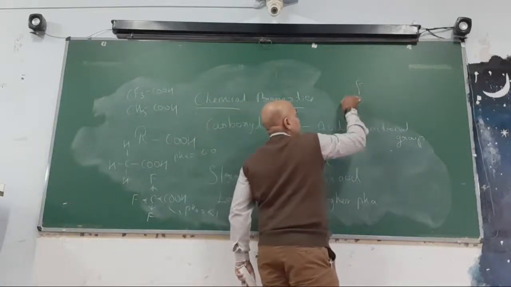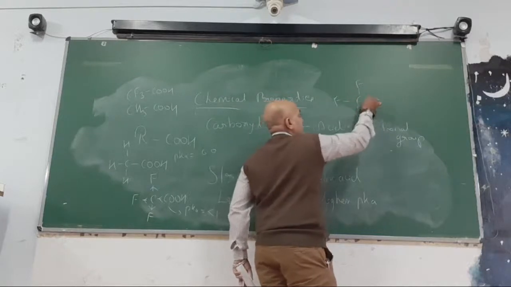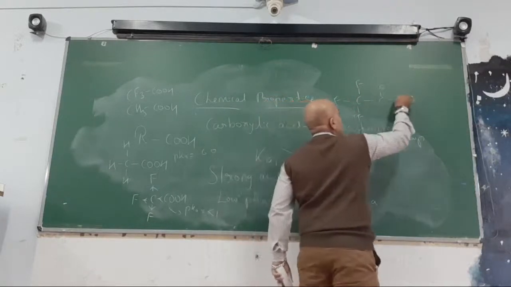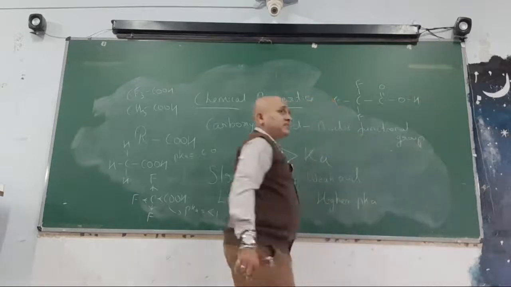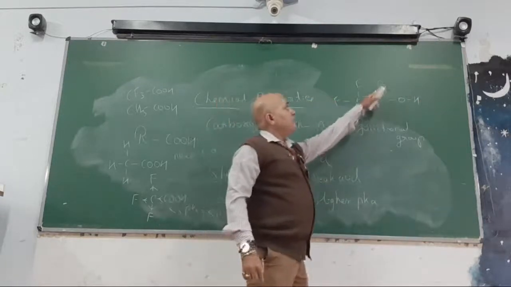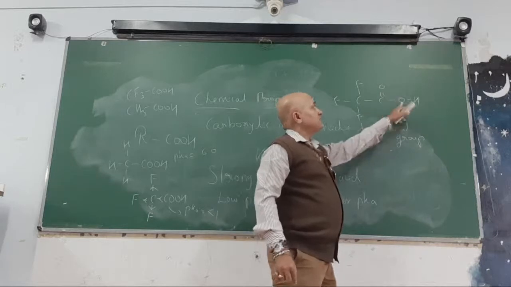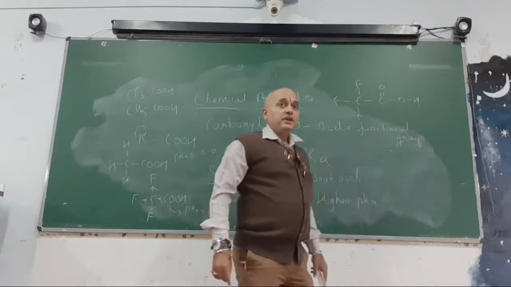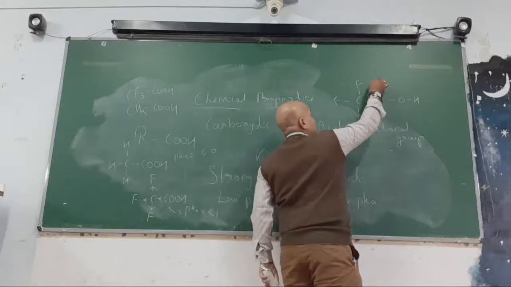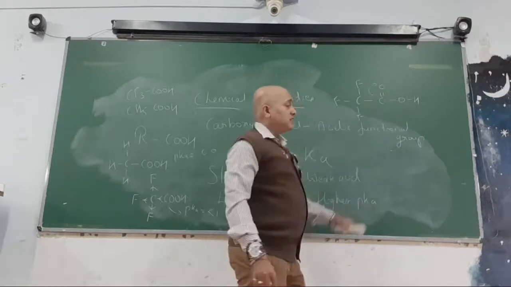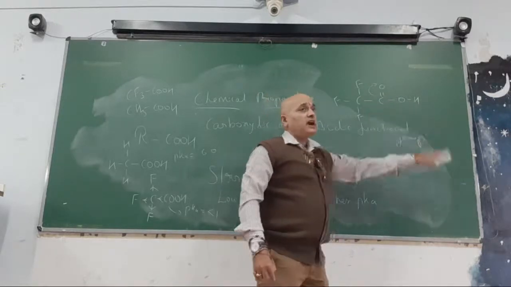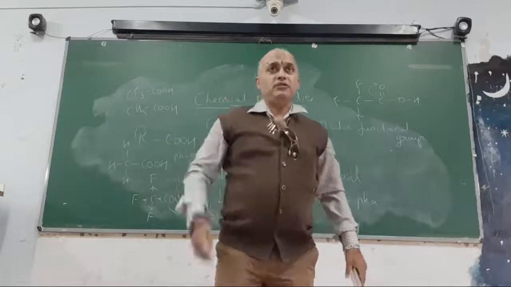Okay, now what is happening here? We have fluorine. So already the carbonyl group is torturing this oxygen. It is torturing this oxygen because this electron will be pulled towards the oxygen. So therefore this carbon will be asking oxygen, please help me out.